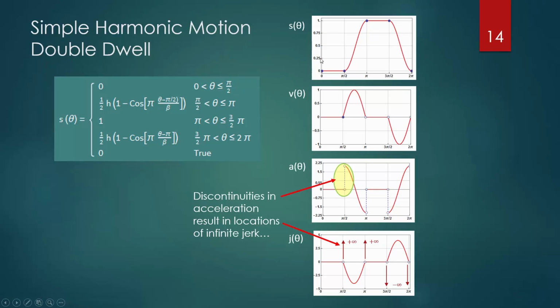This function gives me a rising cosine function from pi over 2 to pi, and this function is a falling cosine function from 3/2 pi to 2 pi.